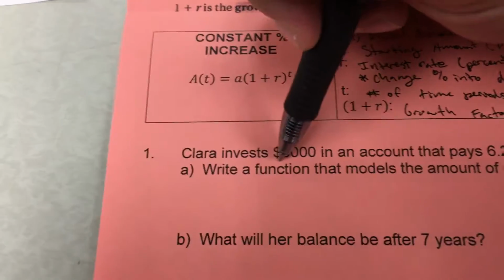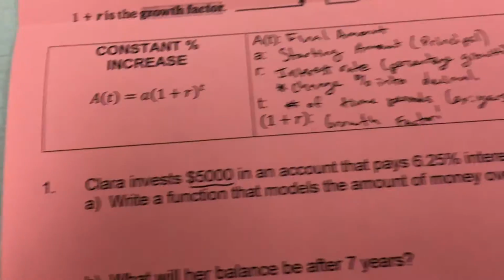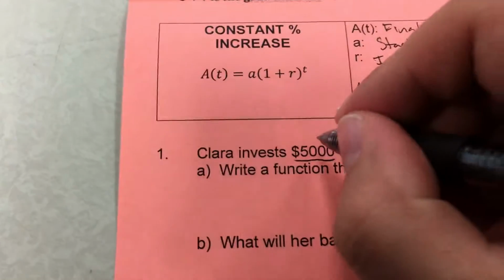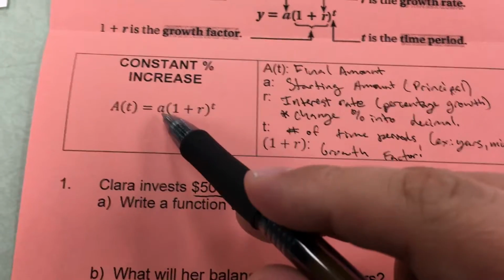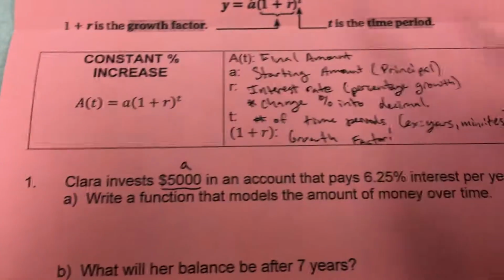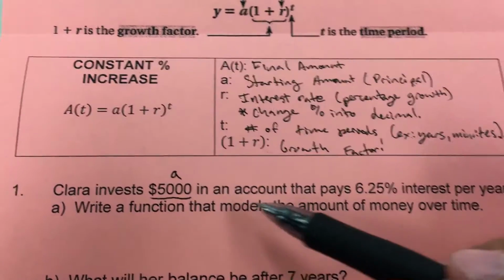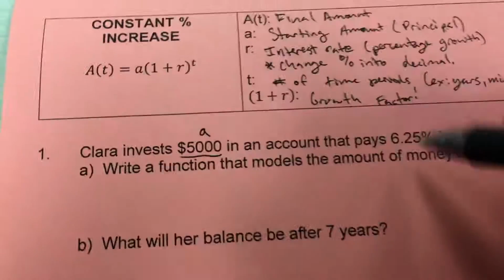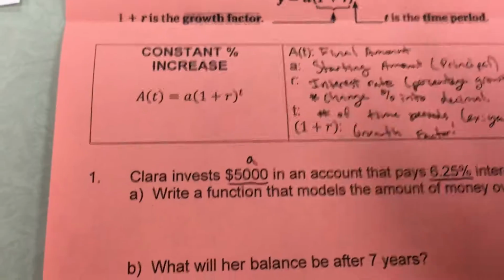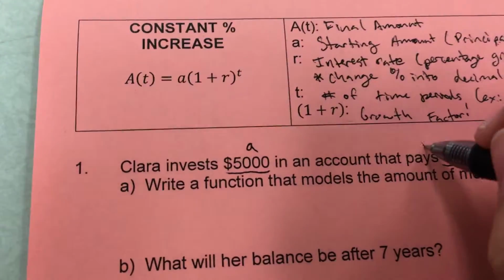She starts with $5,000. We know that $5,000 is our starting amount, so we're going to say that is A, in terms of this right here, starting amount. Okay, and then she gets this much interest, 6.25%. Well, that's as a percentage. This is r, right?